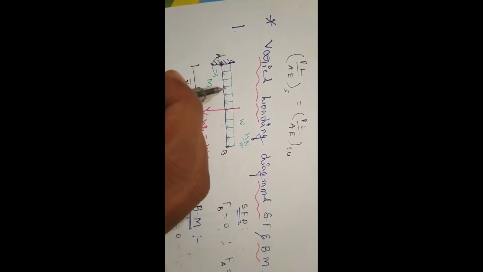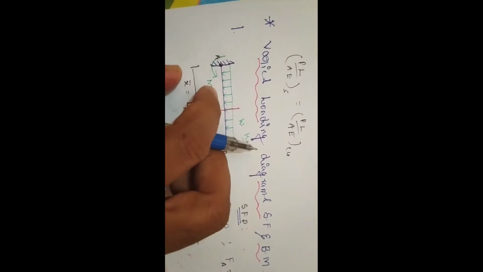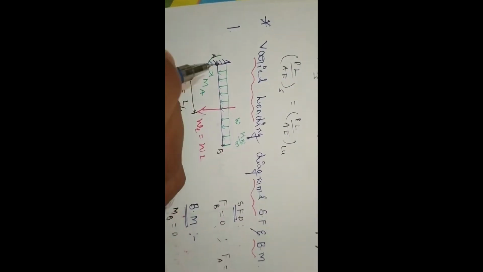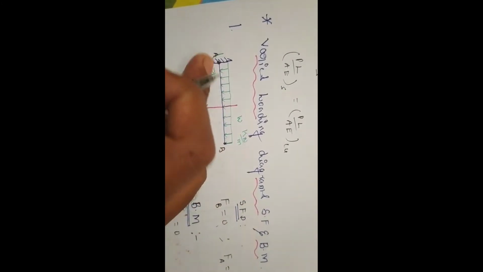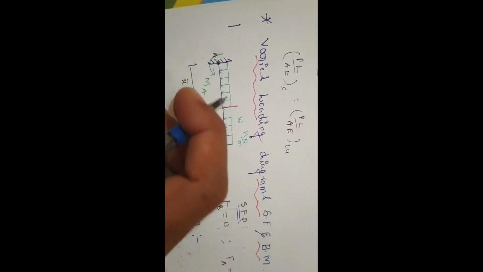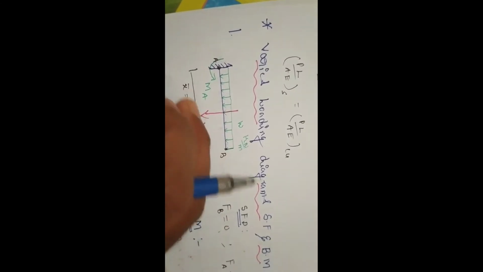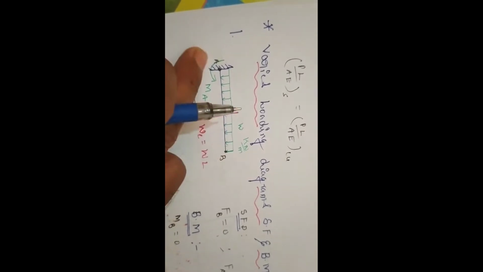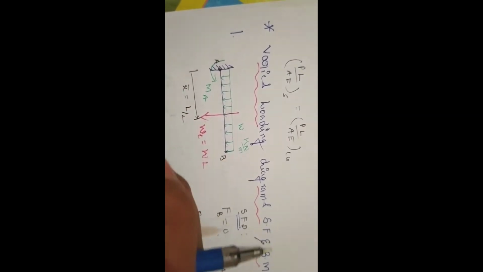Three reactions are possible: one horizontal, one vertical, and a third one, the moment. There is no horizontal force, so the horizontal reaction is 0. Only two reactions are possible in this case: the moment, and the vertically upward reaction.